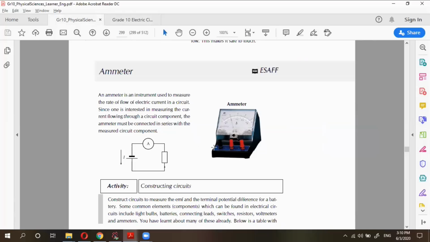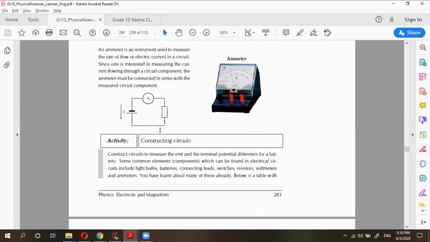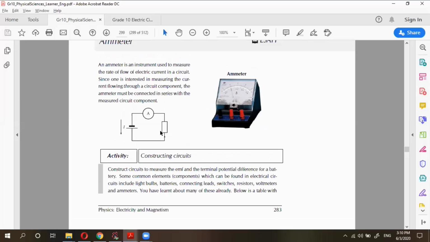It has outlets where, if you want to measure the current, you stick your wires in, then connect your wires to the circuit, and current is measured on the ammeter. This little needle shows how much current is in the circuit.